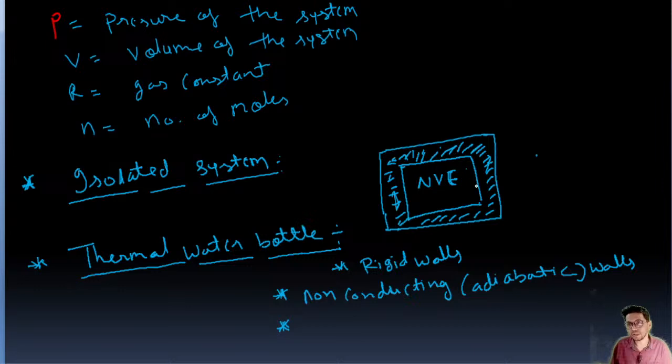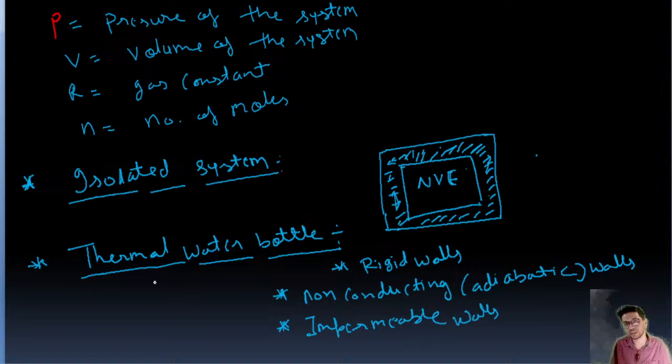Also there is no exchange of material, so that is impermeable walls. No exchange of material of the system. This is the isolated system, guys.